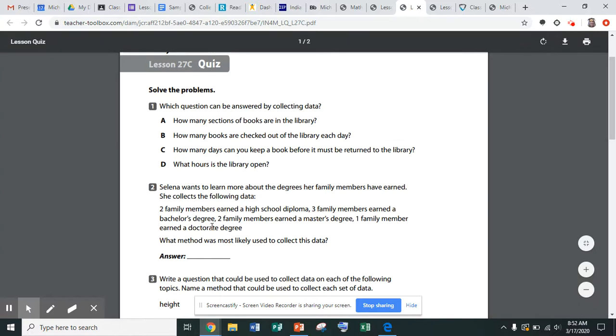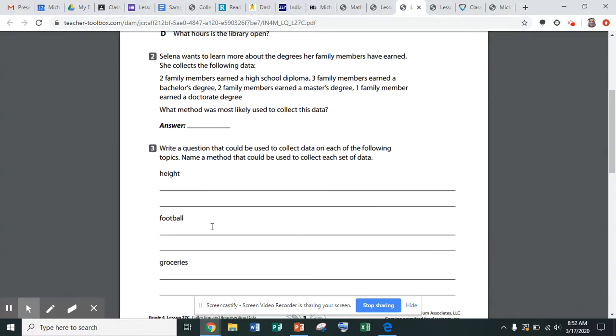Okay, now we're back to the last question, question number 3. Write a question that could be used to collect data on each of the following topics. Name a method that could be used to collect each set of data. So for height, you're going to give me a question that you could use to collect data, and then how you would do that, whether it would be survey, observation, or experiment.